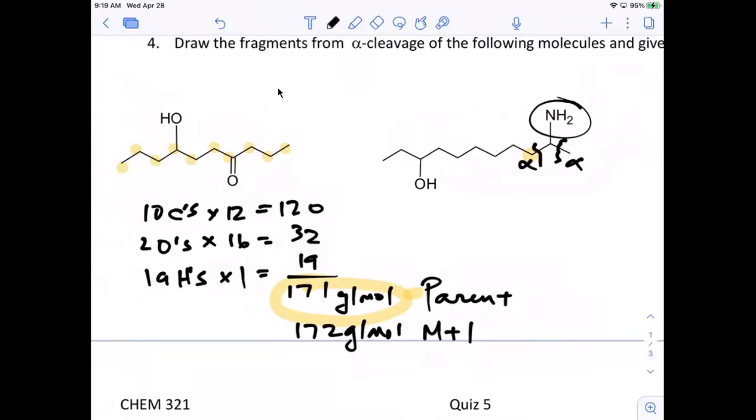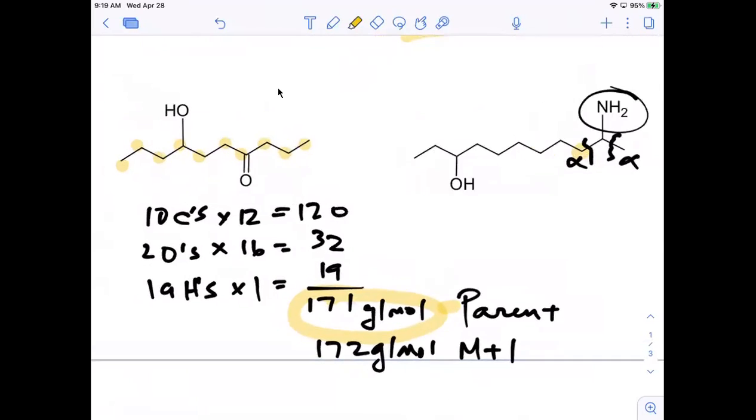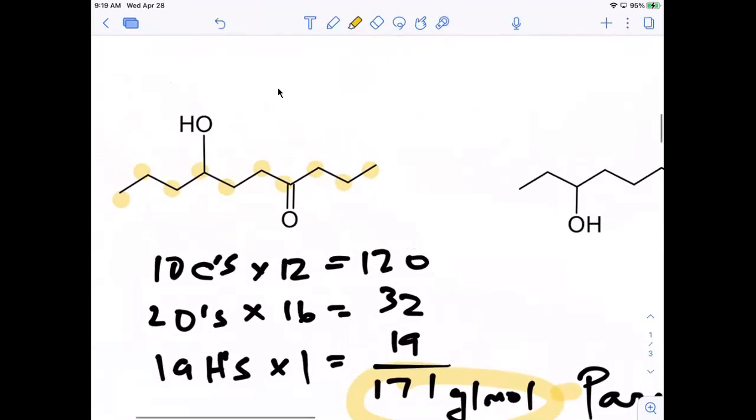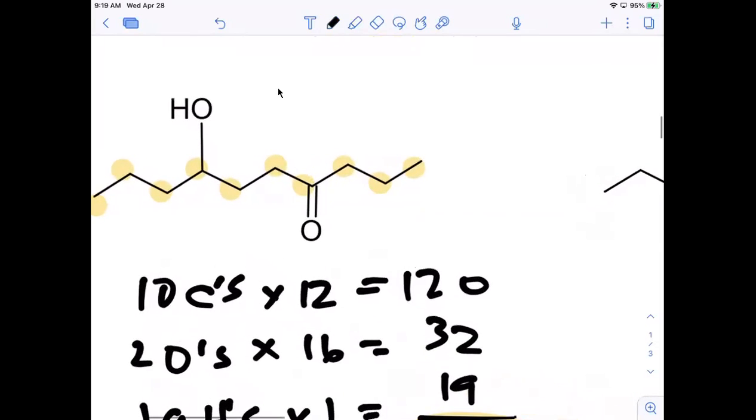All right. For this compound, how many alpha cleavage fragments are we going to get? We have an alcohol here. You're going to get 4 fragments, because alpha cleavage takes place at the alpha position of each of those functional groups.